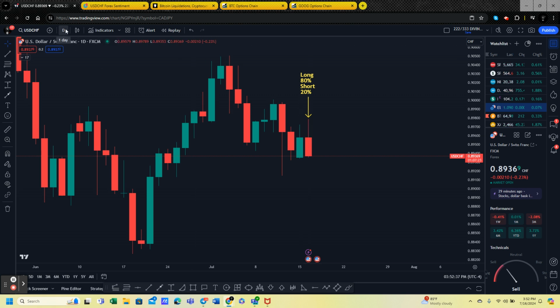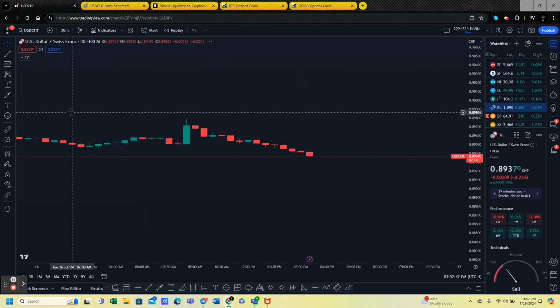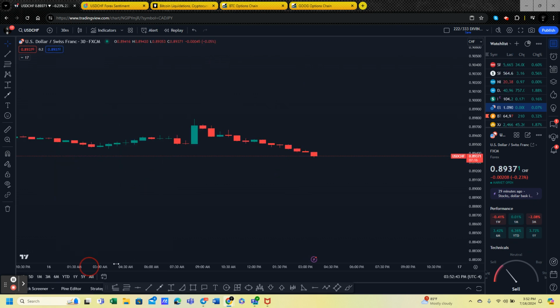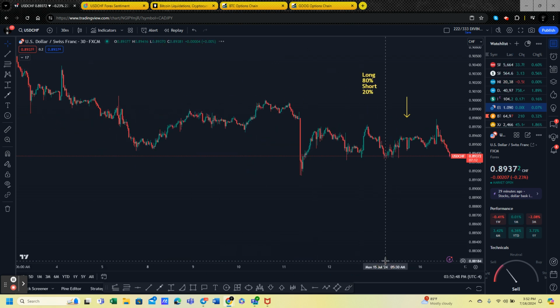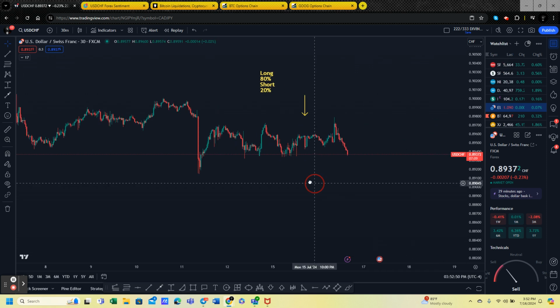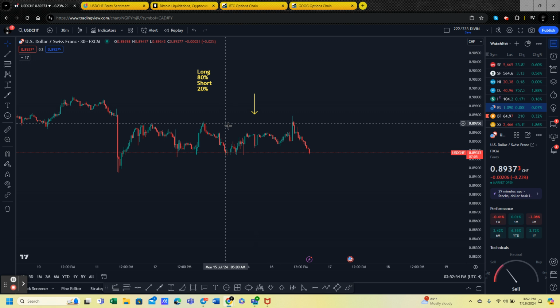All right, so now I'm on a daily chart. We go down. I like between the 30-minute and 15-minute chart. Sometimes if I'm scalping, I look at the 5 minute, but between the 30 and 15 minute, it's pretty cool, right?